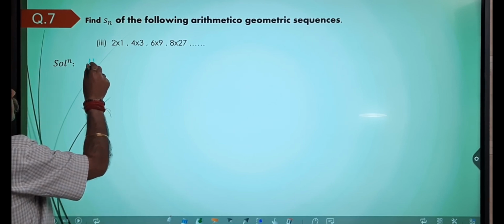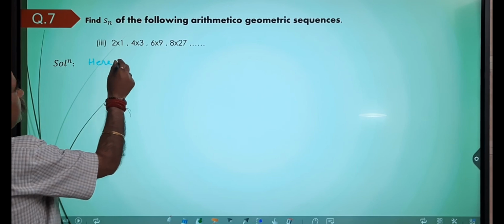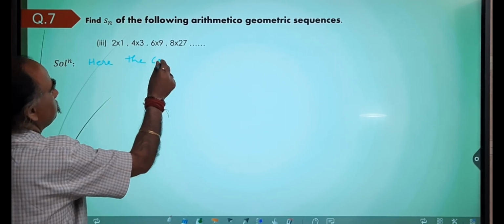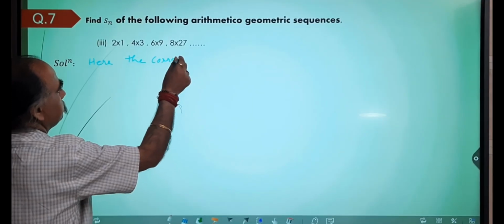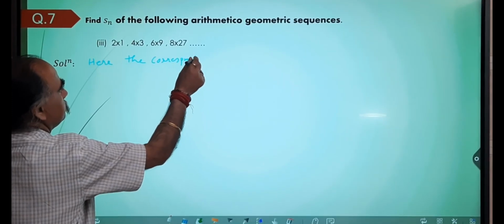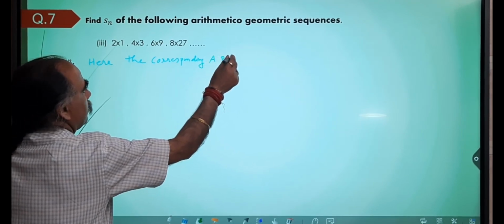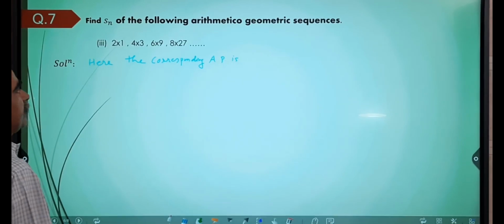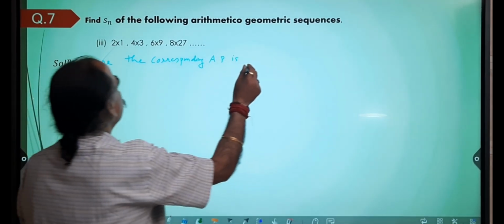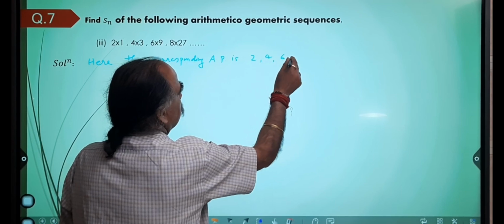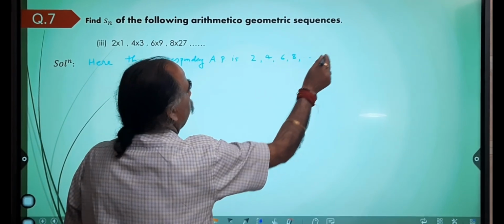Here, the corresponding AP is 2, 4, 6, 8 and so on.